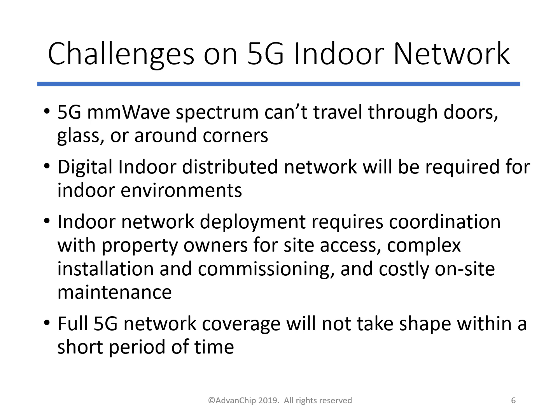Challenges of the 5G indoor network. 5G millimeter wave spectrum can't travel through doors, glass, and around corners. This means any indoor 5G network in millimeter wave spectrum will probably need lots of antennas pretty much everywhere, to cover every corner of every room.